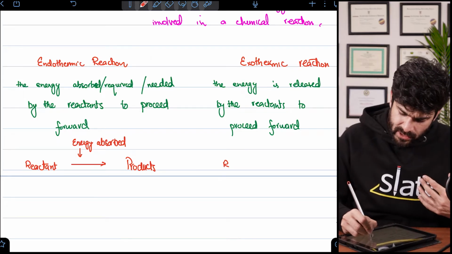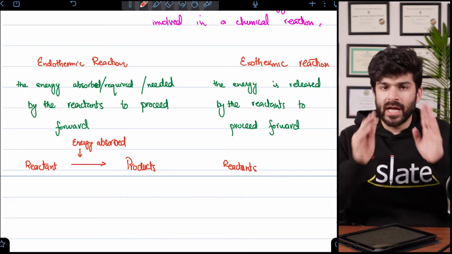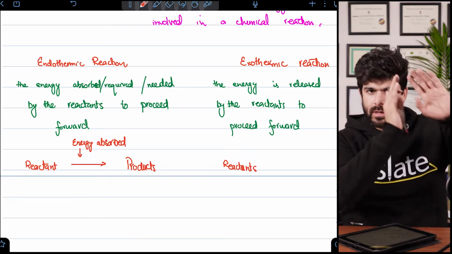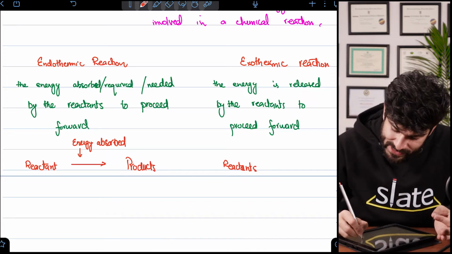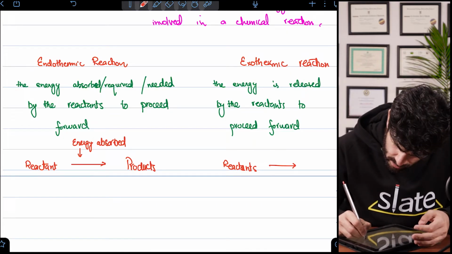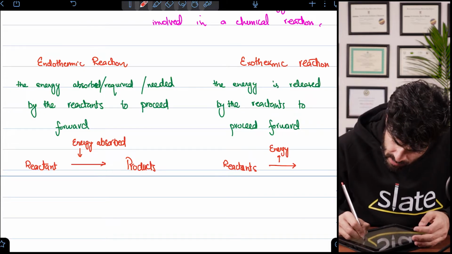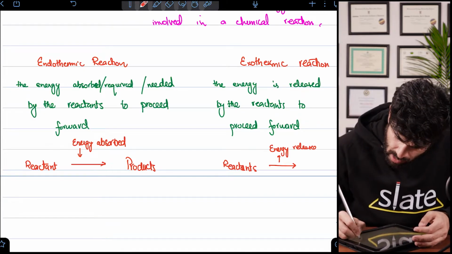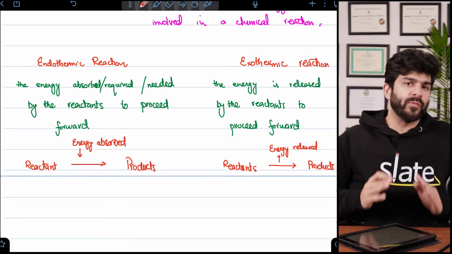So reactants have a particular energy and they will give it out. When the energy is gone out, only then they become the products. So students, that is what we have.